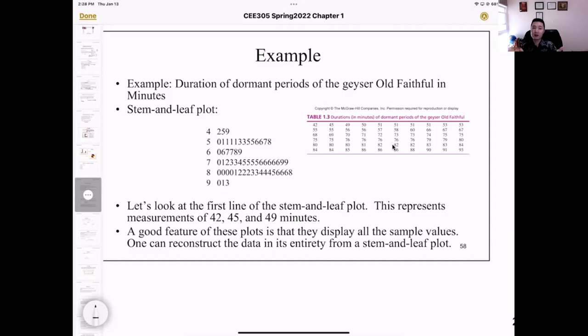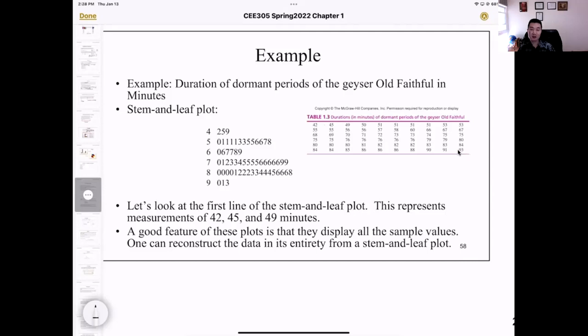The time between two consecutive eruptions is called the dormant period, and this table summarizes the dormant period in minutes, showing us all this data. For example, the range goes from the shortest, 42 minutes, to the longest, which is 93 minutes.